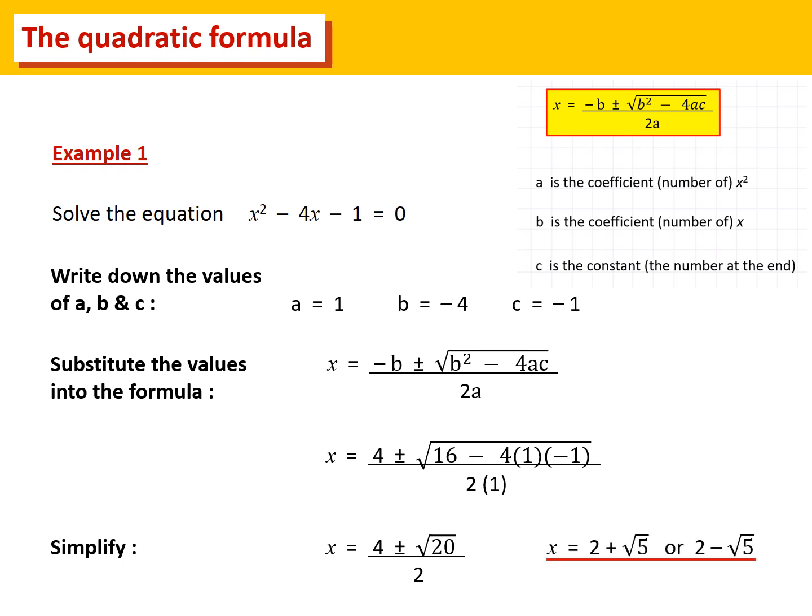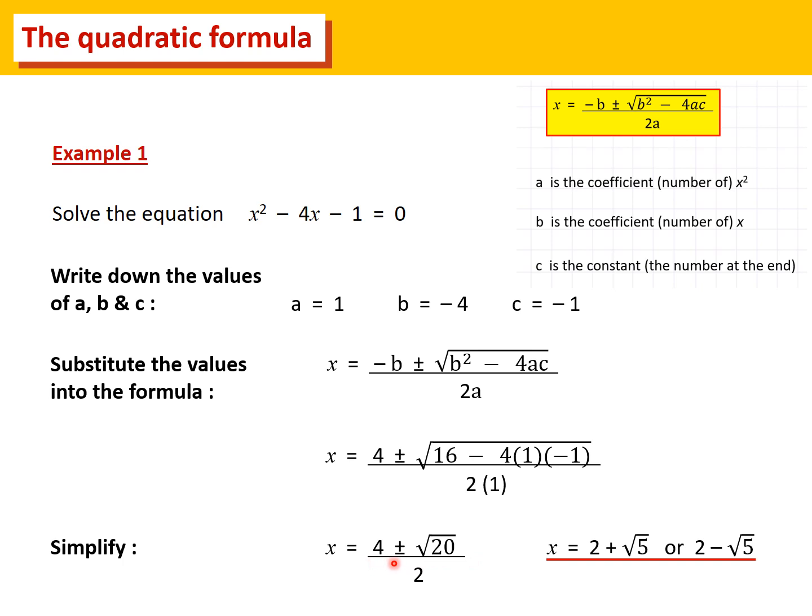Now, the plus or minus means it's 4 plus root 20 over 2. That's one possible answer. Or a second possible answer is 4 subtract root 20 over 2. And you need both answers. So 4 plus root 20, all divided by 2, is 2 plus root 5.